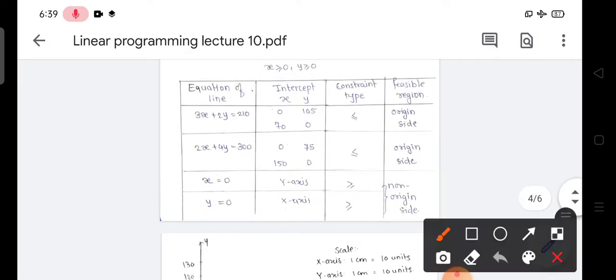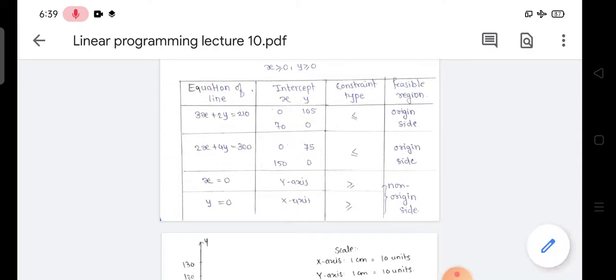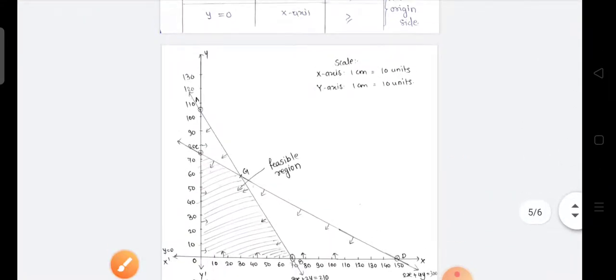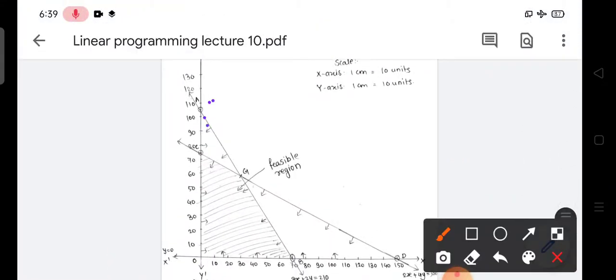For the first line, intercepts are 0, 105 and 70, 0. So 0, 105 is in between 100 and 110. And here 70. So draw the line passing through these 2 points. Constraint type is less than or equal to, therefore the solution belongs to the origin side.